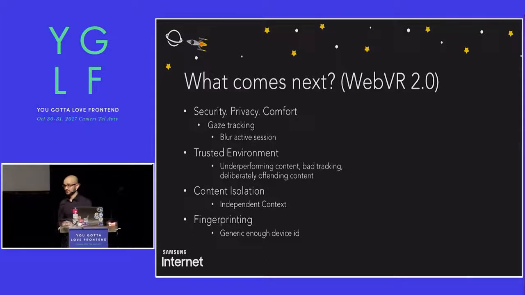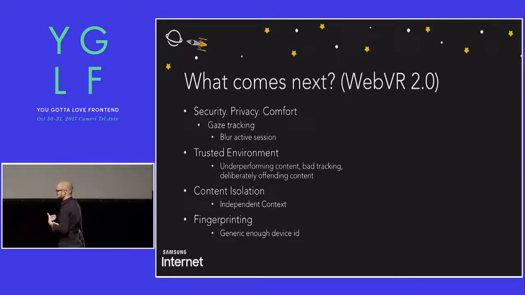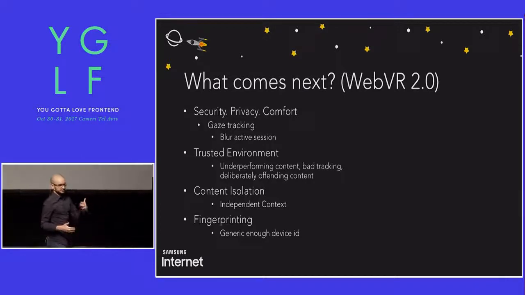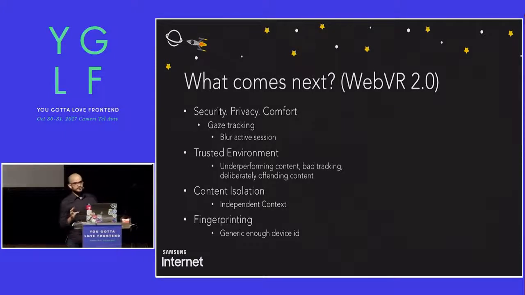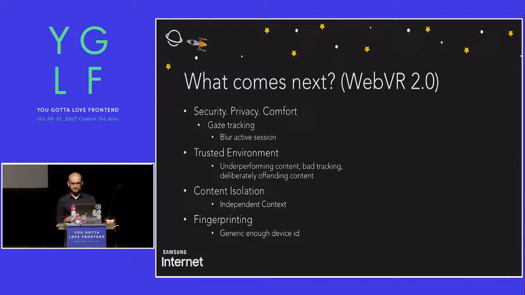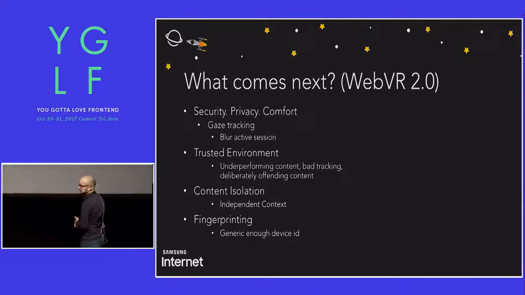In the very close foreseeable future is WebVR 2.0, which is just the next version of the spec. Independent of the changes that the spec is going through, I think that probably some of the most interesting and important things related to the upcoming specification are related to security, privacy, and comfort. How can we make sure that the UI elements in which you are gazing and tapping a URL, filling in a form, are truly safe?